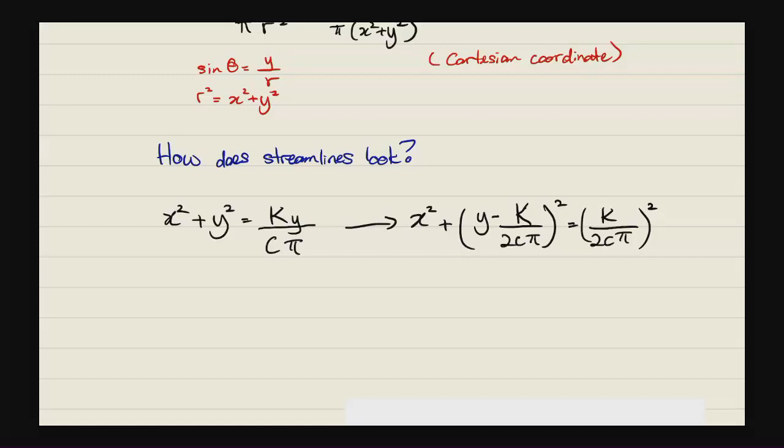Which is centered at x is 0, y is k over 2c pi. Very good.